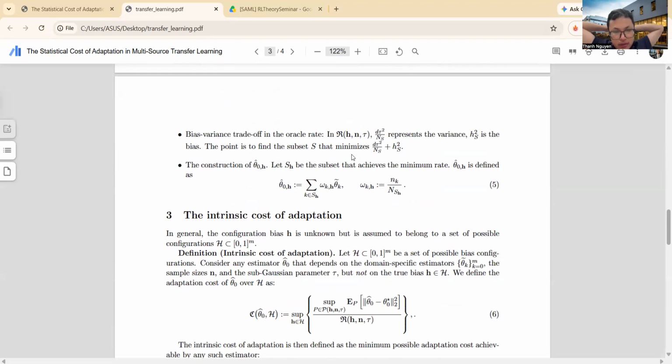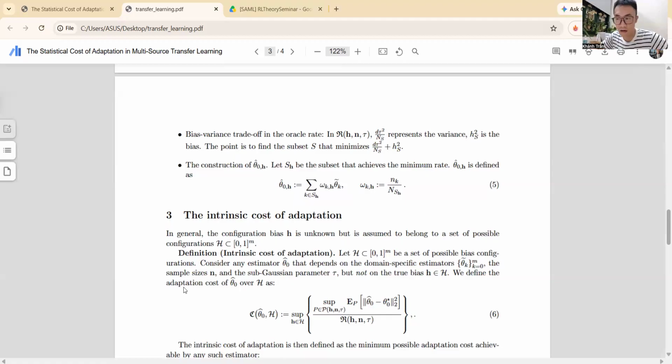And then they only pull the data from that subset. So that's the idea: they compute a subset that minimizes the bias and variance trade-off, and then pull data from that subset only.